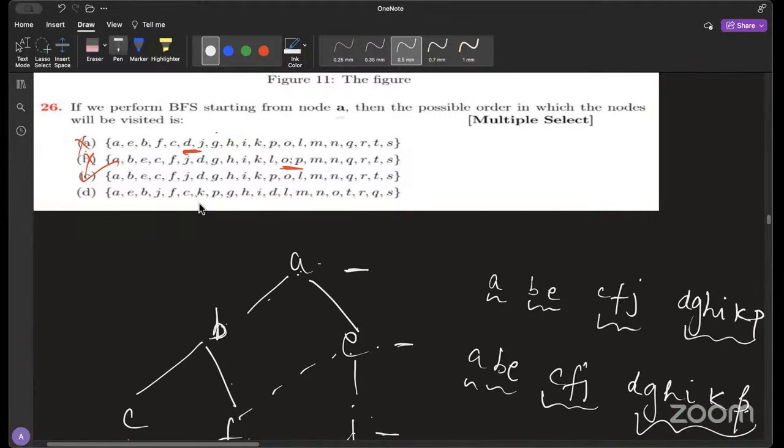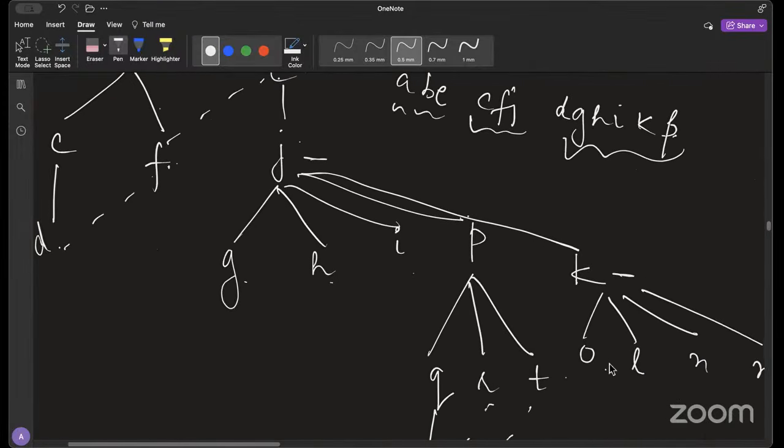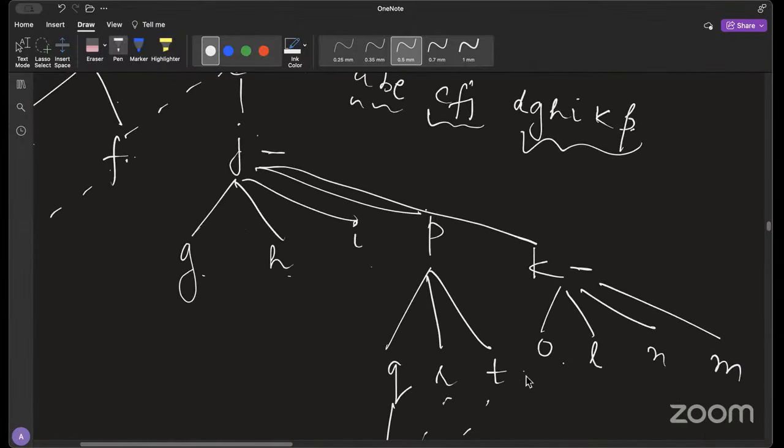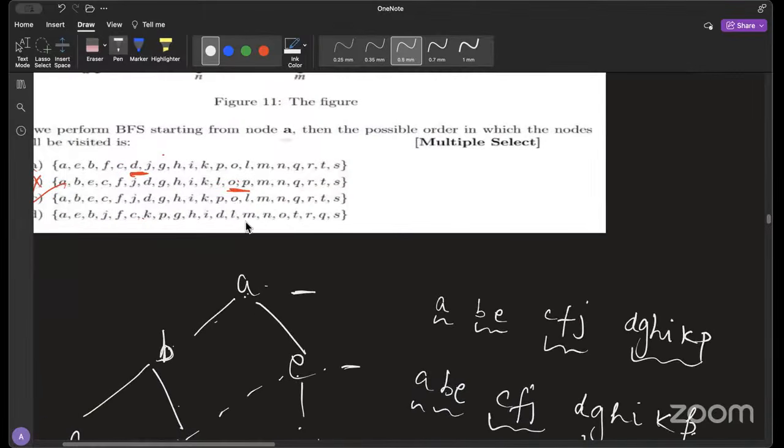The ones on the same level are written together. That's the idea, right? Then the next level is this one. So we want Q, R, T, O, L, M, N. So from here you have L, M, N, O, and Q, R, T. They're written together, right?